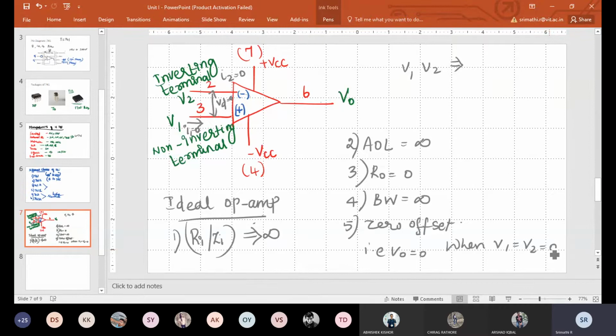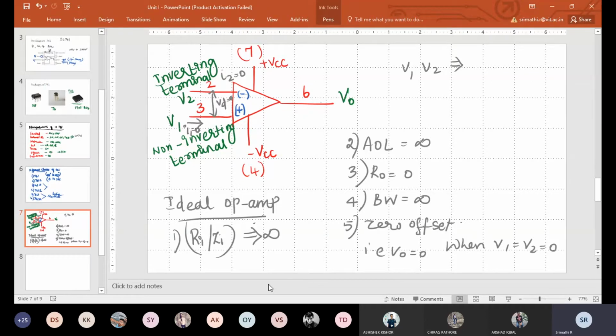Usually VD will be equal to 0, meaning for an ideal op-amp there won't be any current flowing through your op-amp, because your input resistance is infinite.